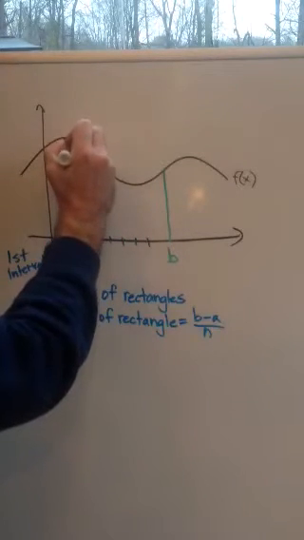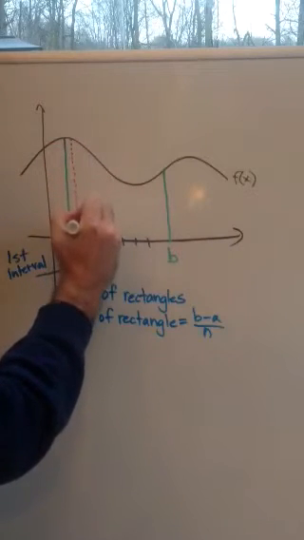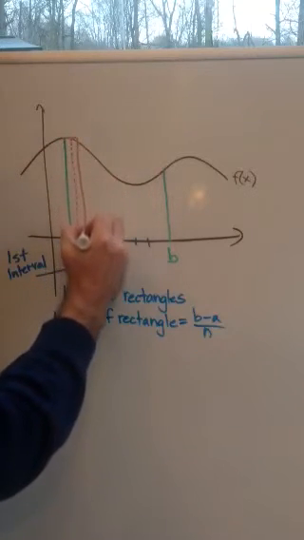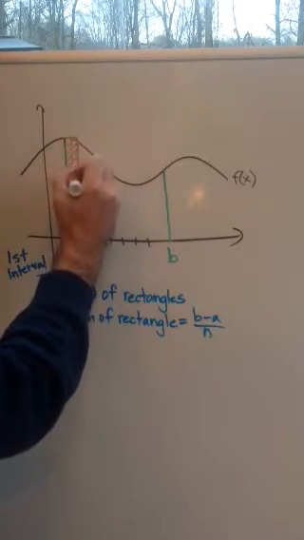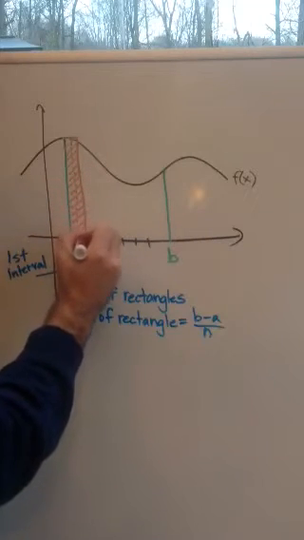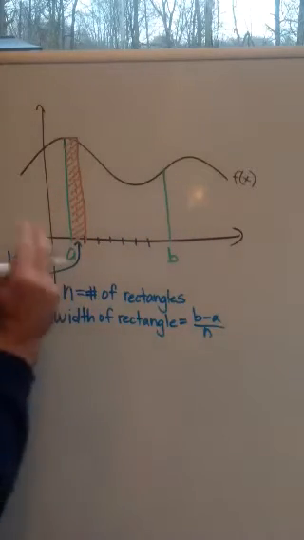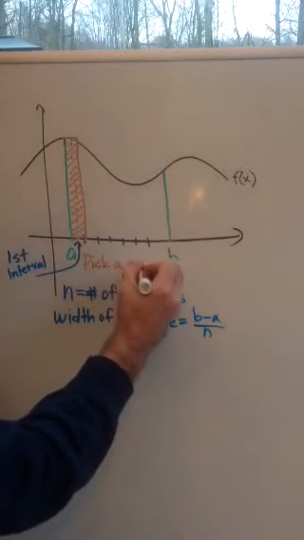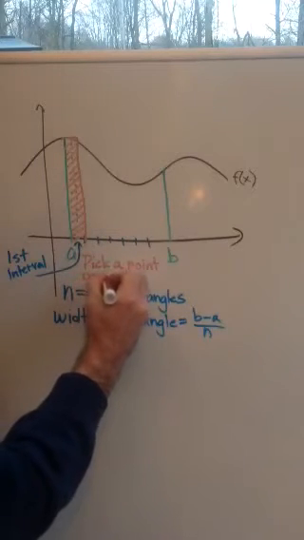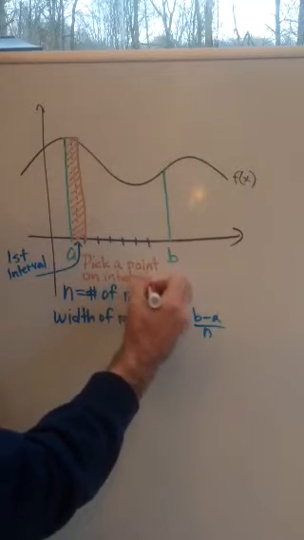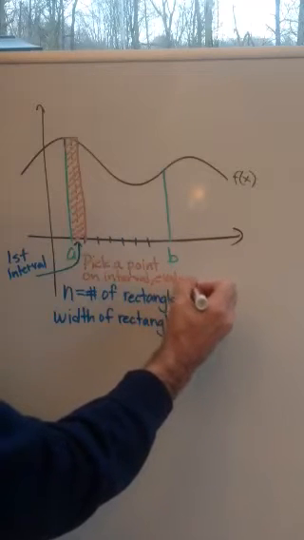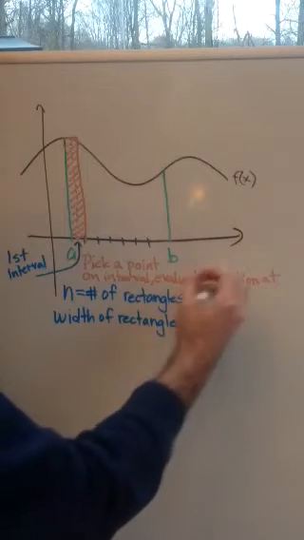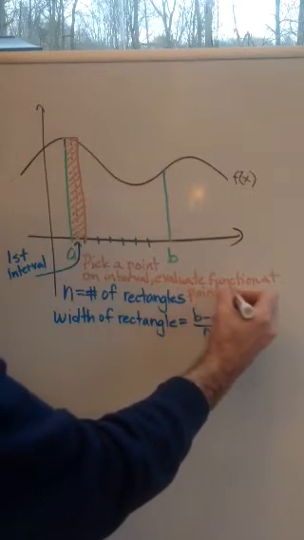Figure out what the function is equal to at that particular point, and then that's going to make the height of that rectangle. So again, I'm picking some point on the interval, evaluate the function at that point to get the height.